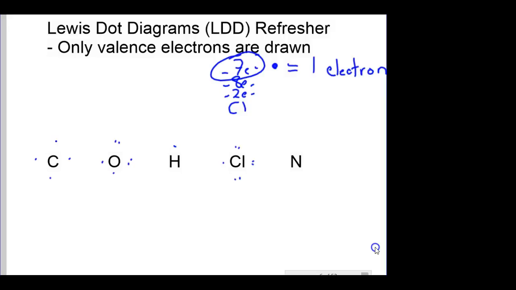What if there's an insanely high number, like, let's say there's more than 8 in the outermost level? That is the limitation of the Lewis dot diagram. We only use the Lewis dot diagram to show up to 8 valence electrons.